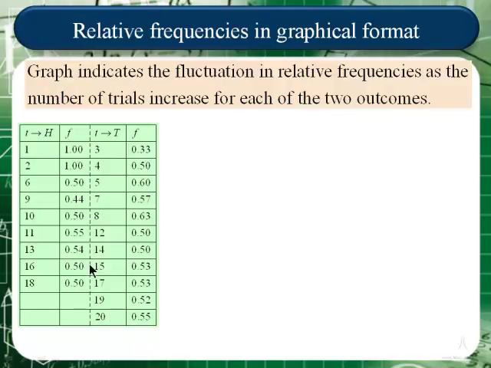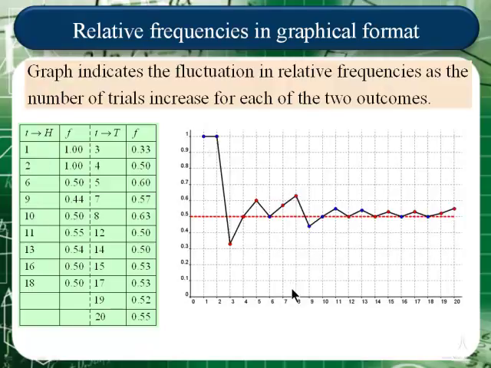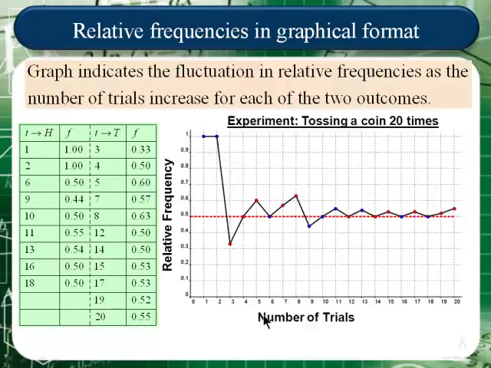Now this tells us there's a fluctuation, but it doesn't show us a very clear picture. So if I plot number of trials against relative frequency, like I've done here, so you have the 20 trials here and the relative frequency, and plotting simply trial against frequency at any stage, then we get this particular graph.